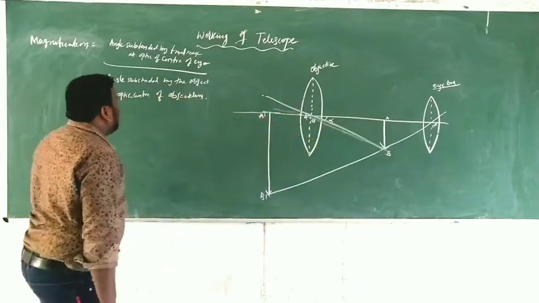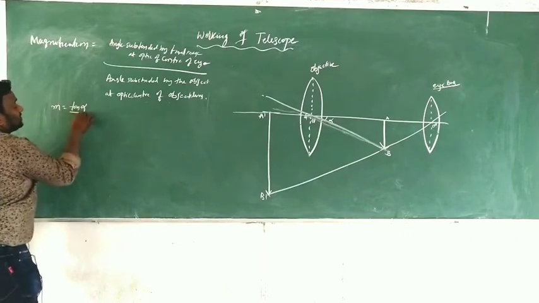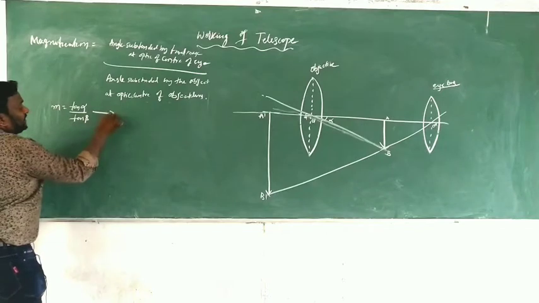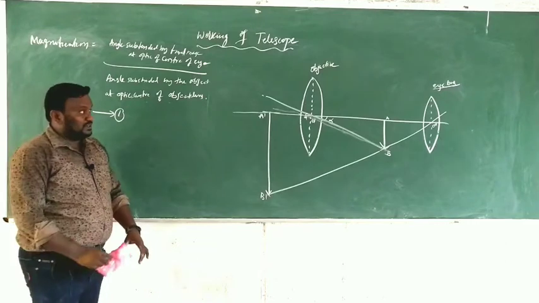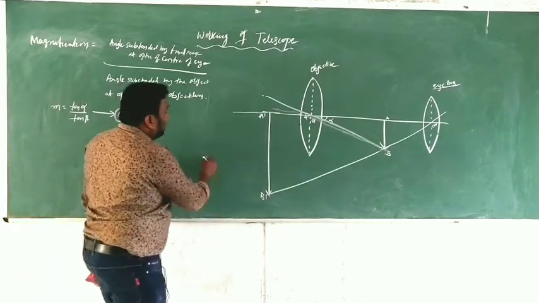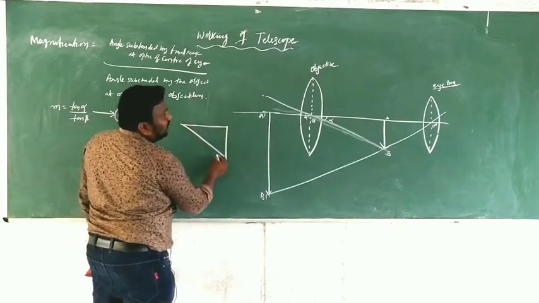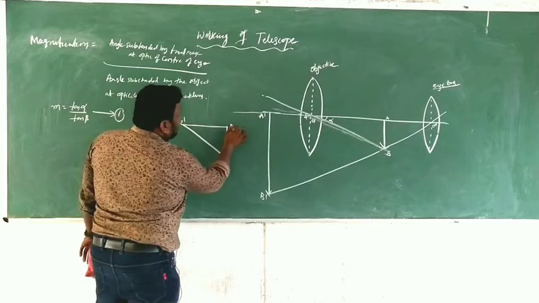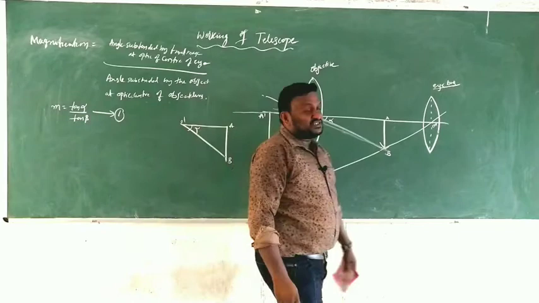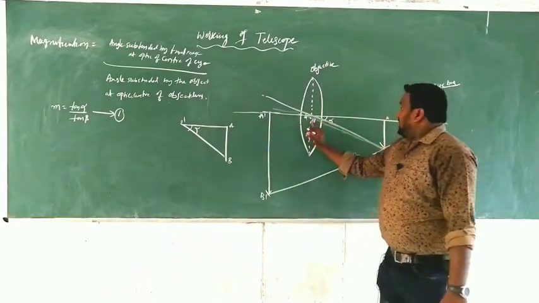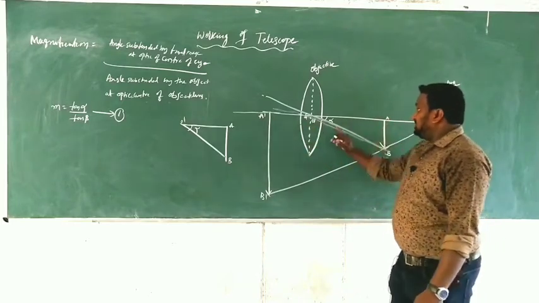So in this case I am writing here M equals tan alpha by tan beta. Take this as equation number 1. M equals tan alpha by tan beta. Here you have to notice that we have one triangle like this. This is O dash, this is A, and this is B, and this is alpha. So we go for this triangle, children: O dash A B. This is the angle.